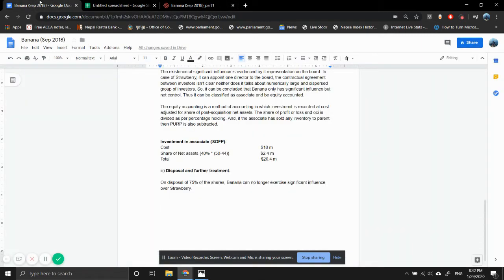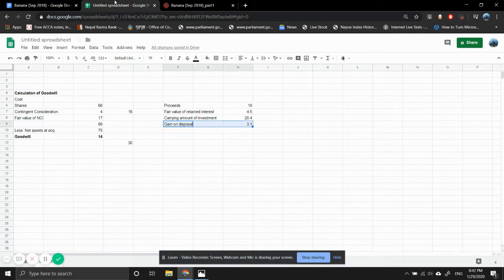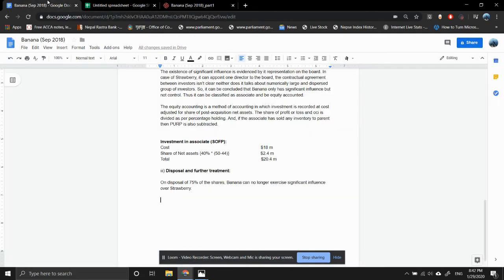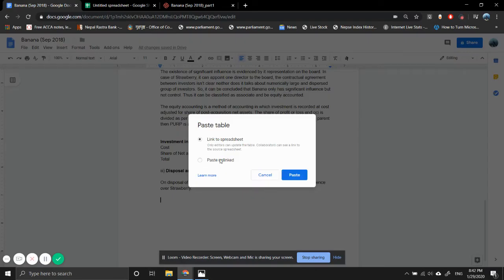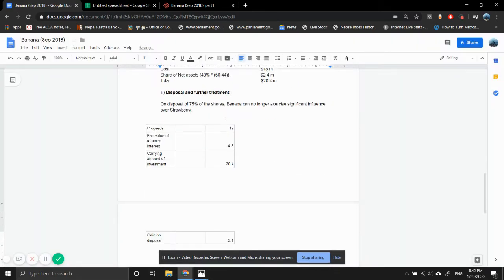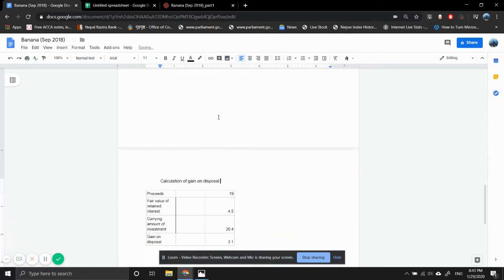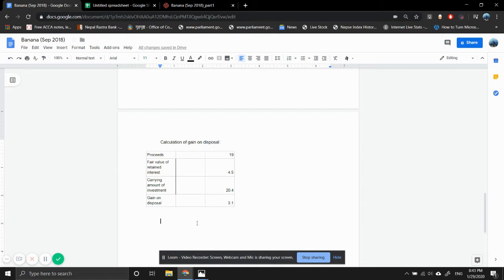So what I'll do is copy all of this. Calculation of gain on disposal. So that's done.